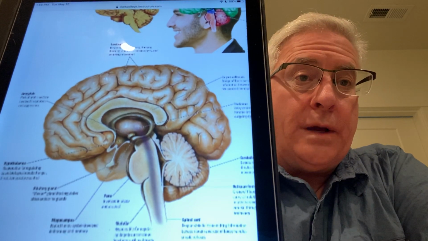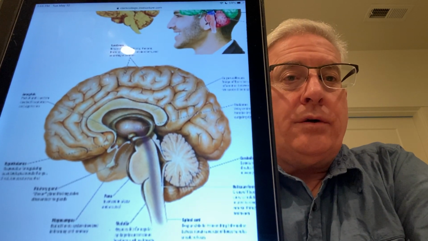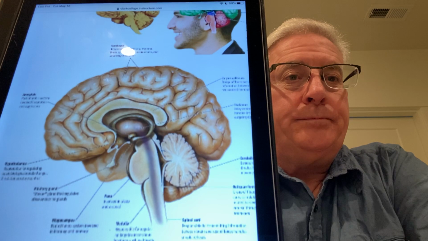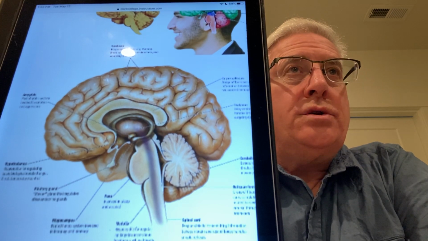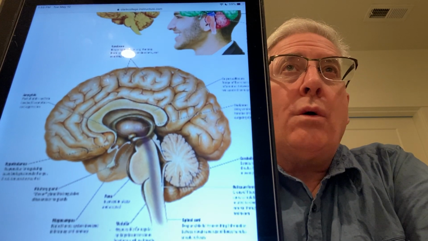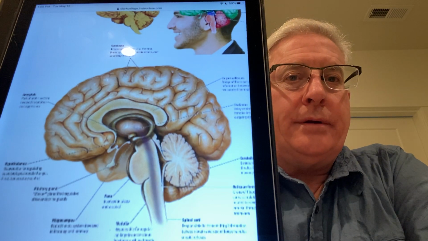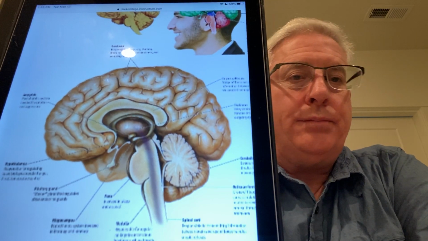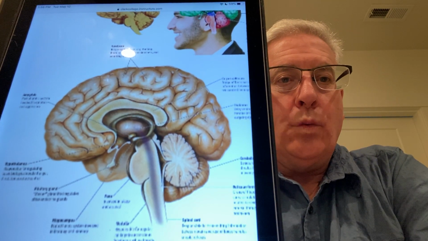Now the reticular formation is your 24-hour biological clock as it relates to sleep and wakefulness.